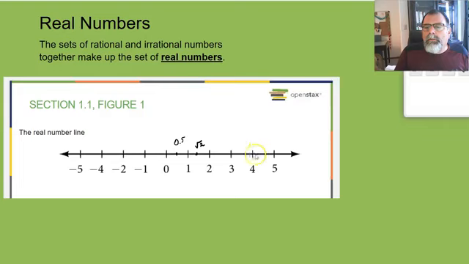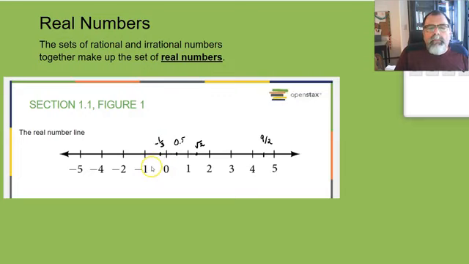If you wanted to do 9 halves, 9 divided by 2 is 4.5, so right there would be 9 halves. Those are all positives. If I did a negative, say negative 1/3, it would be right about there.